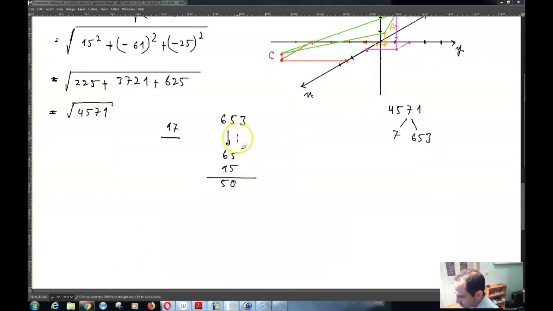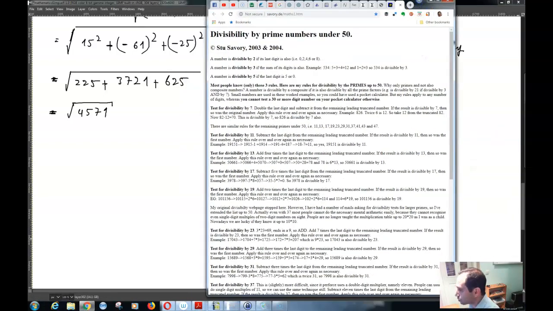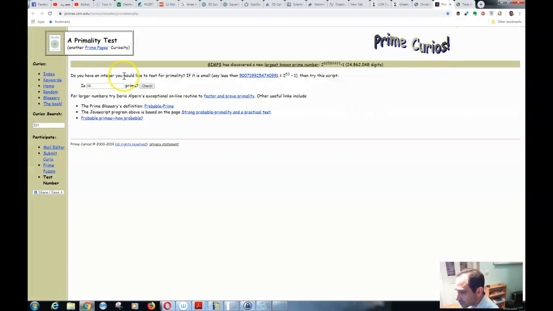And of course there is always the possibility that you can check whether your number is a prime number or not, and usually you can do it using some website like this. I usually use this website. That's the only website that I know where I can do this kind of thing, just checking for prime numbers.